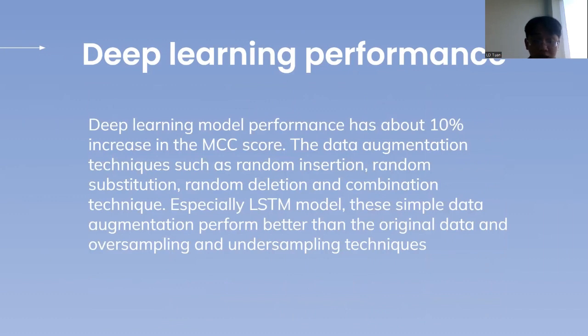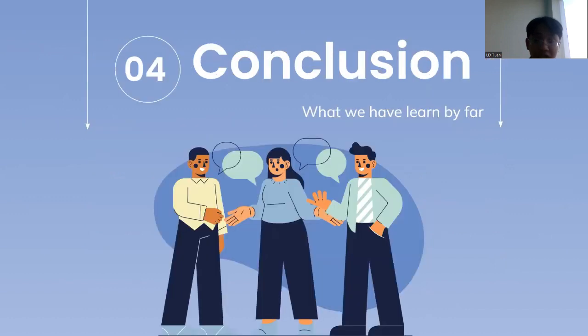As we can see, the most effective model from all the models we ran is the LSTM model, where simple data augmentation techniques such as random insertion, random substitution, and random deletion perform better than the original data, and the oversampling and undersampling techniques.